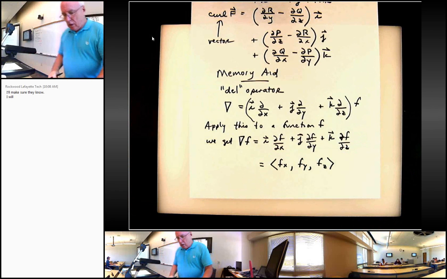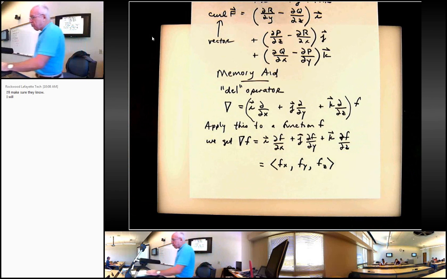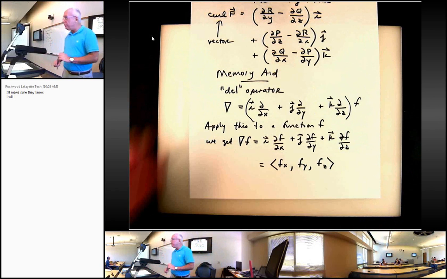All right, so this is what's called an operator, which means we can apply it to a function.